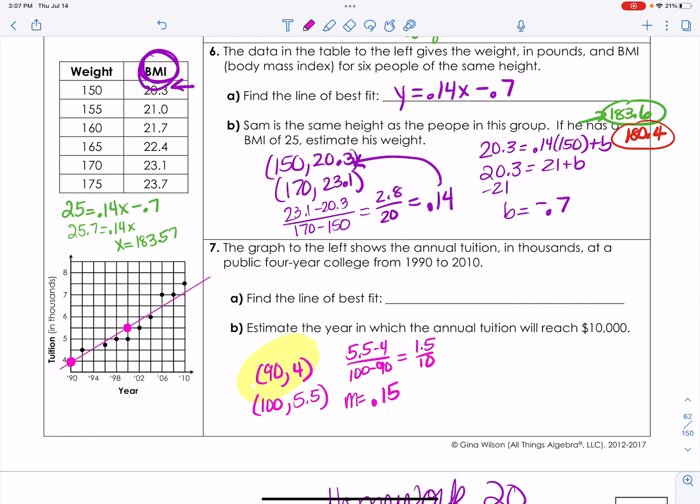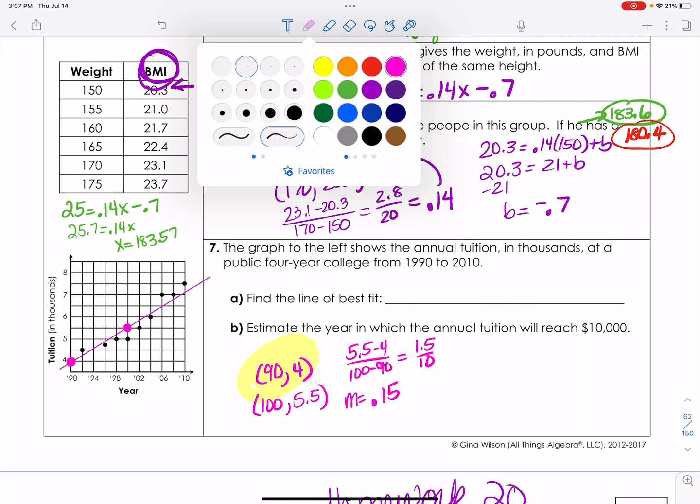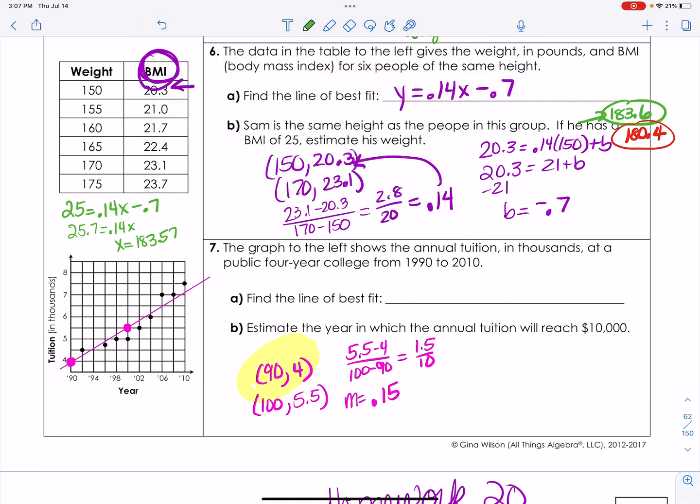I hate how they do this. I honestly would change this to 0, 4, 8, 12, 16, 20, how many years it's been.